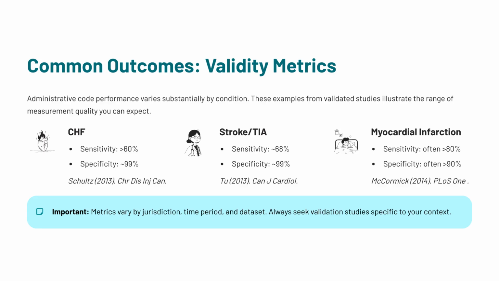For heart attacks, sensitivity is often above 80%, and specificity is often above 90%. The point is not the exact numbers. Validity metrics can vary by jurisdiction, time, population, data source, and the specific code definition you choose. So whenever possible, look for validation evidence that matches your setting, rather than assuming results will generalize.